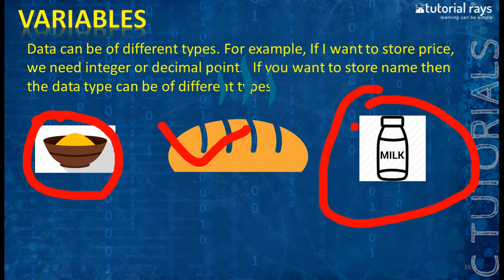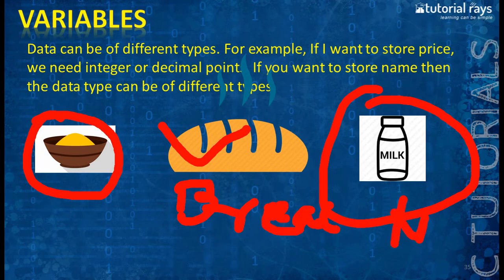You have three different eating articles here. Now to store these three articles we need different utensils.